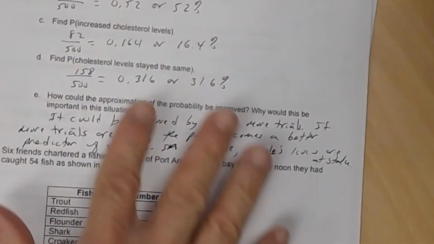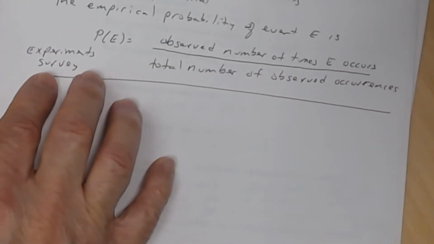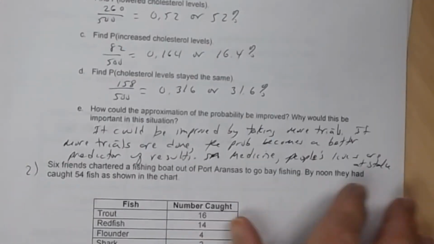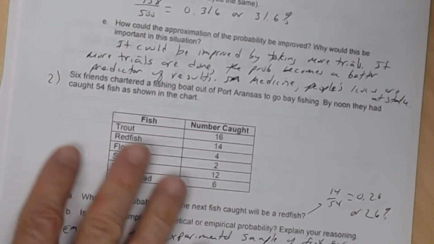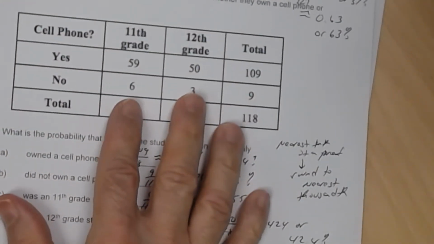It's not a very difficult concept. It's just using information that you have to answer questions. And so it's usually an experiment or a survey. So you notice in all these problems an experiment or a survey was done. So for example, this would be an experiment basically, and this right here would be a survey.